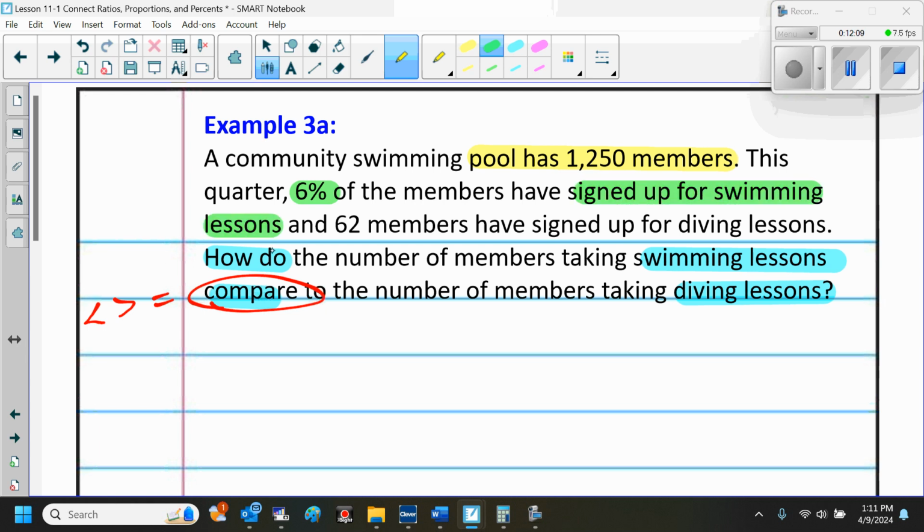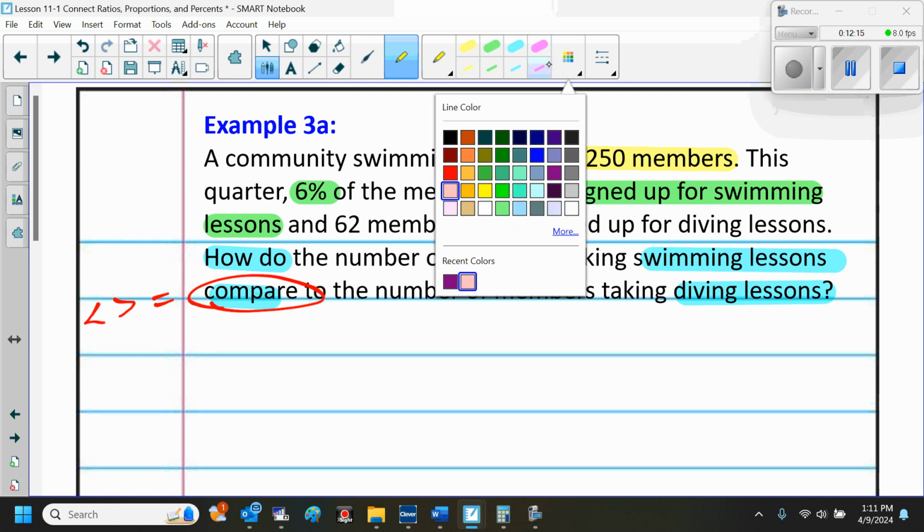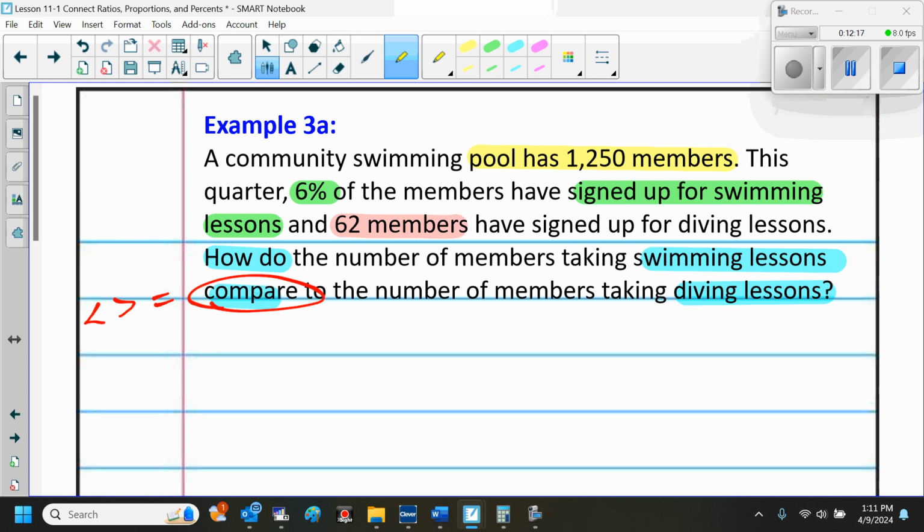And then finally, what else do we know? 62 members. Right. So 62 members signed up for diving lessons. Okay? So obviously we don't have to do any calculations for the diving, right? Now, for the swimming lessons, what could your what number question be?